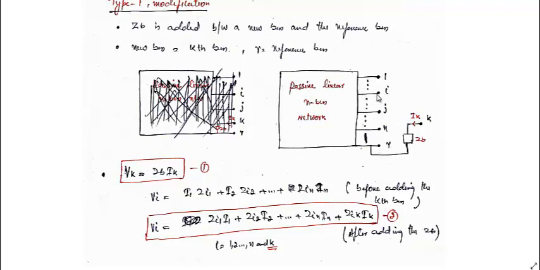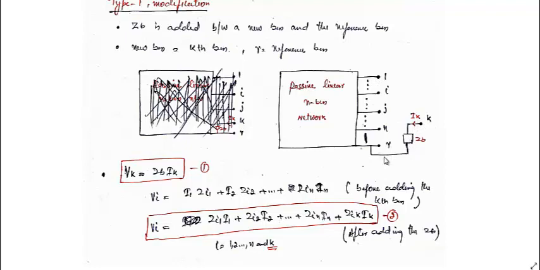So let us say this is 1, 2, 3, and in between we have the ith bus, and in between we have the jth bus, and finally we have the reference bus. It is connected like this, and we are assuming that the currents are always injected at the buses. That's why the current direction will be like this.